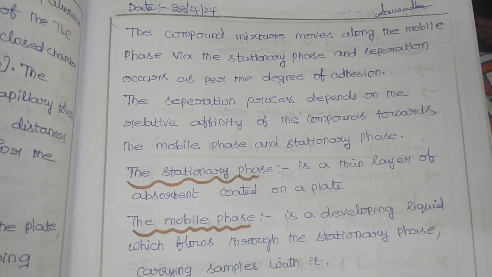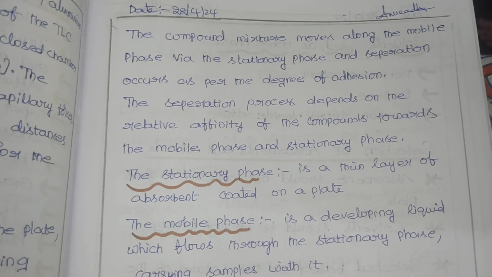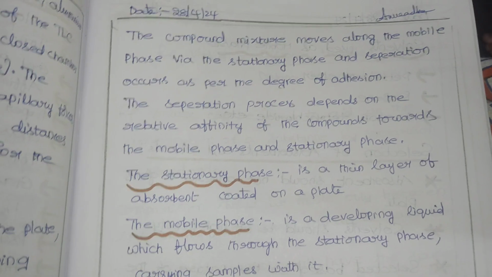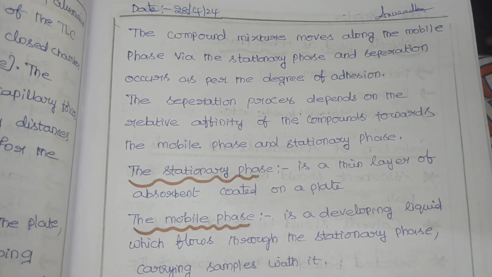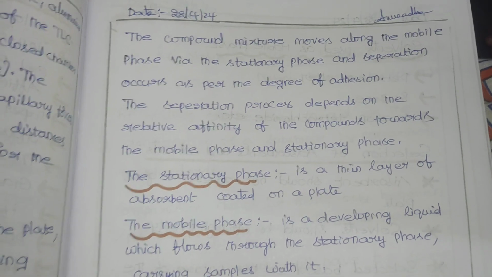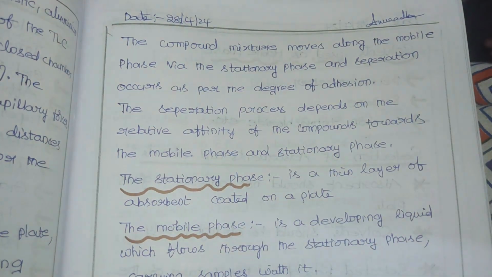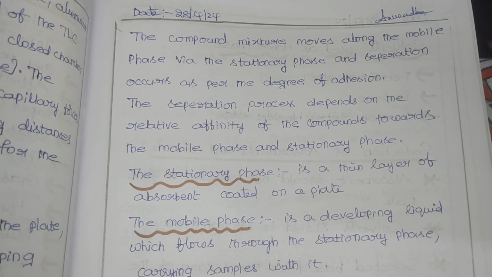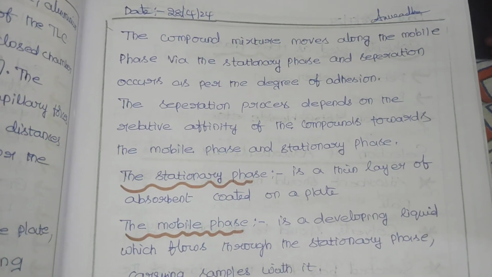Cohesion is when the same type of particles are together, and adhesion is when two different types of particles interact. Because of their different interactions, the particles get separated.